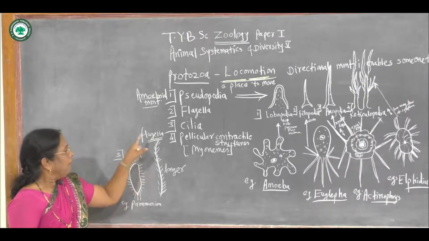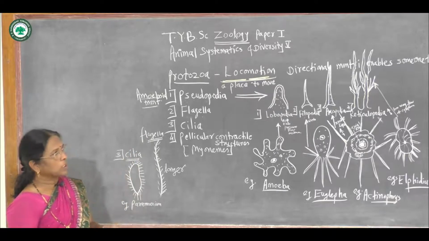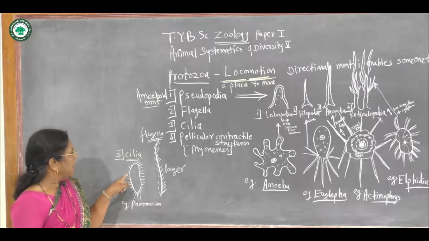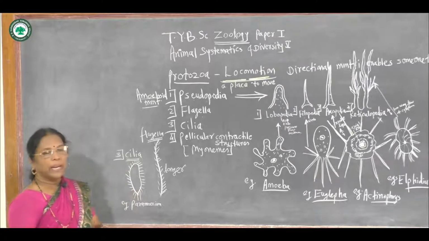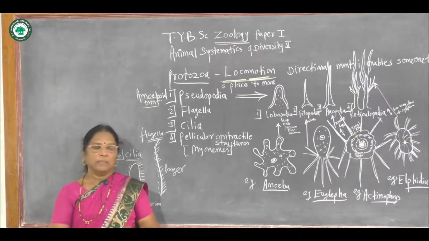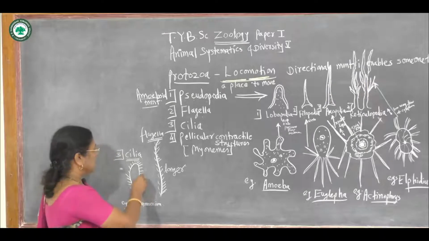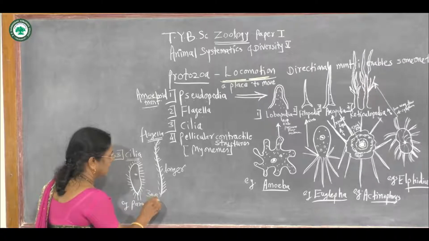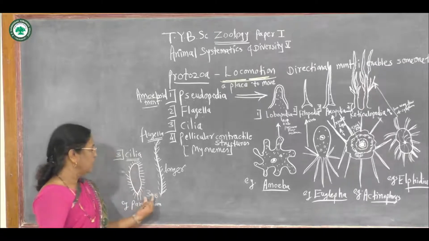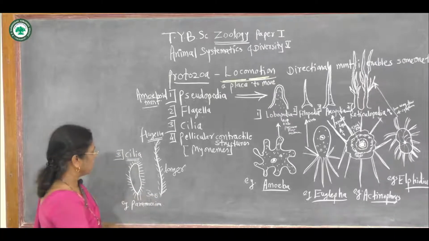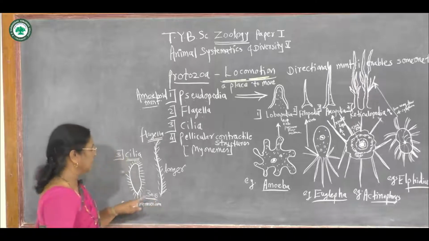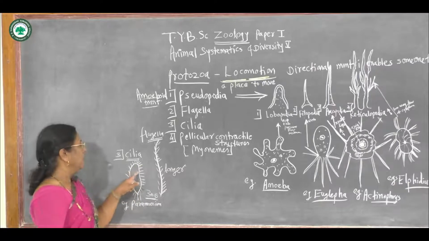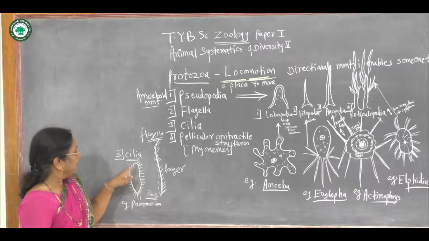Flagella show locomotion in forward or backward direction, but cilia move in a coordinated manner. Coordinated manner means, suppose there are 300 cilia, numerous in Paramecium, present on the external surface, arising from the pellicle.